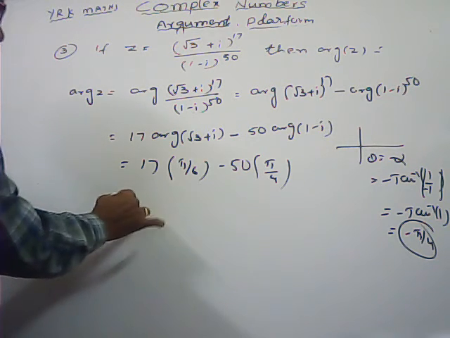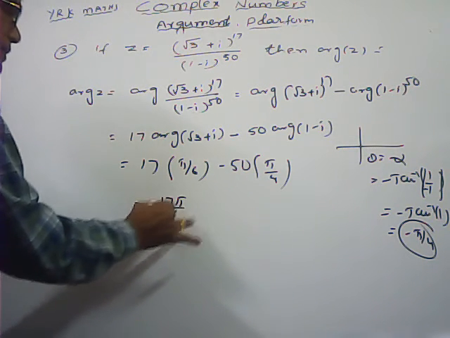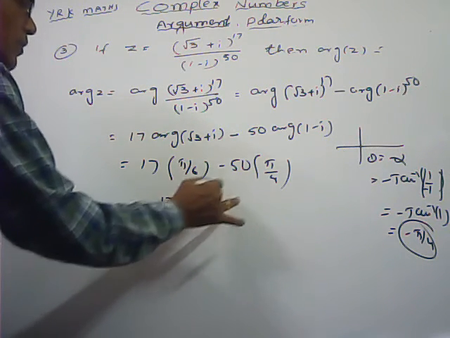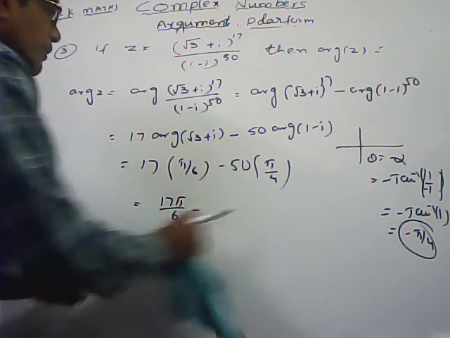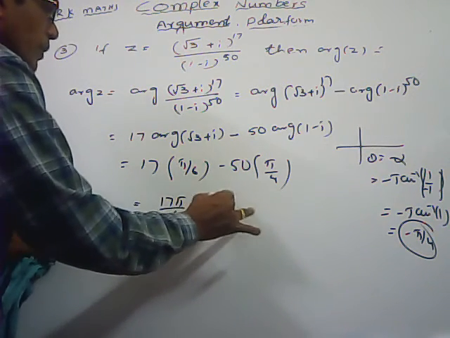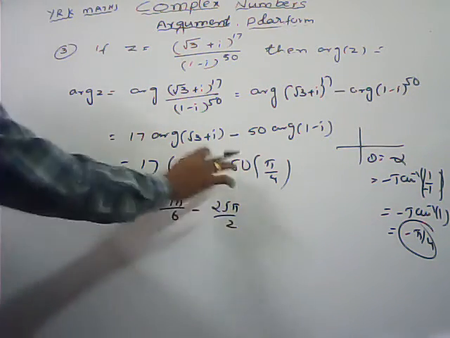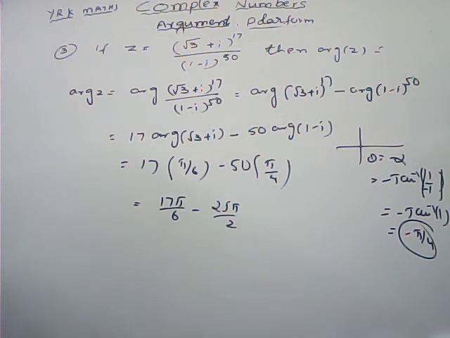So argument of this one is minus pi by 4. Here 17 into pi by 6 minus 50 into minus pi by 4, that is equal to 17 pi by 6 plus 25 pi by 2, cancelling the common factor 2.